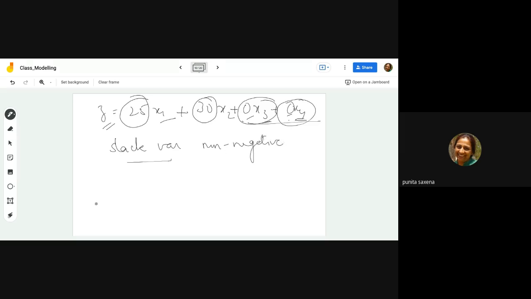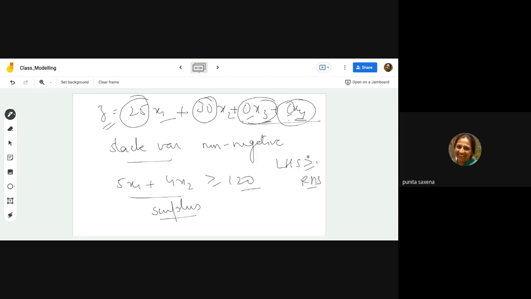Okay. But say supposing you have some constraint which is more than or equal to type. Like supposing this was 5x1 plus 4x2 more than or equal to 120. No matter, not less than, it is more than. Okay. So basically what is happening is that your utilization is more than what is available. So there is a surplus utilization, because my left hand side is more than or equal to my right hand side.